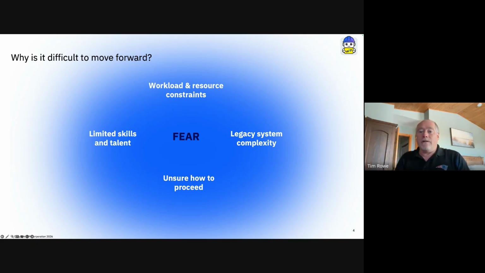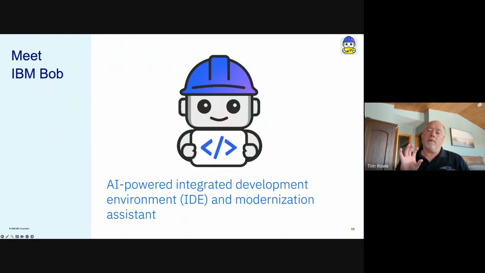Really, it's also fear of breaking things, because you're running an enterprise business and you don't want to break that. So the one thing I think is really fun: this new tool is definitely more than just a coding assistant. It's really targeted to be a complete software development lifecycle modernization partner.